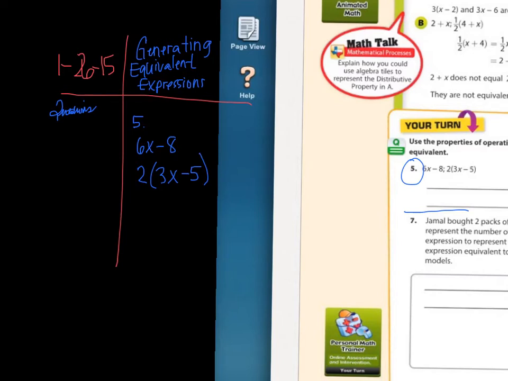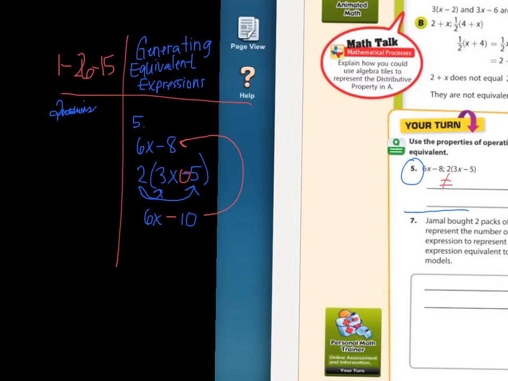So if we use a distributive property here, 2 times 3x, that's equal to 6x. You have 6 x's. If you have 3x 2 times, that's 3x plus 3x, that's 6x. Now let's take 2 times 5. That's 10. And then right here in the middle, we have subtraction. Is that equal to that? No, those are not equal.